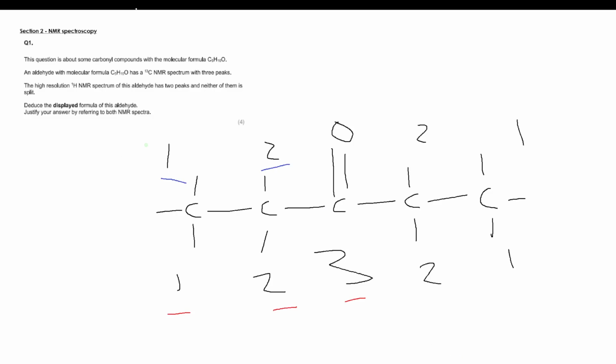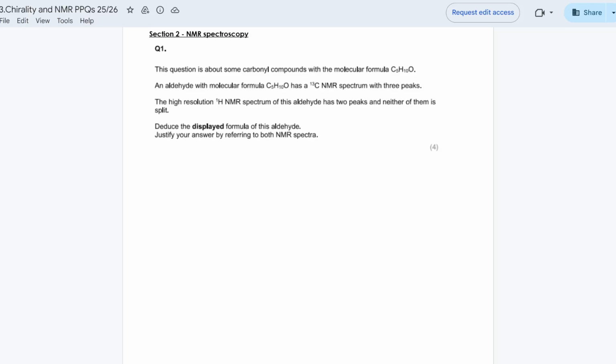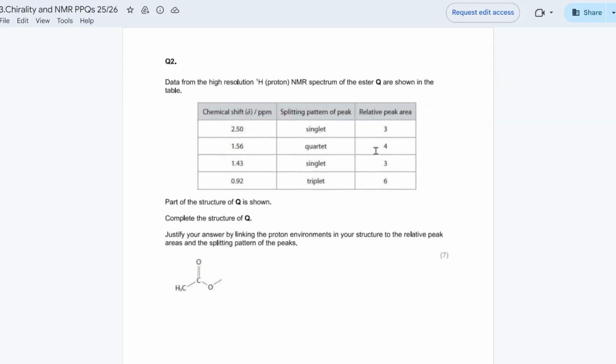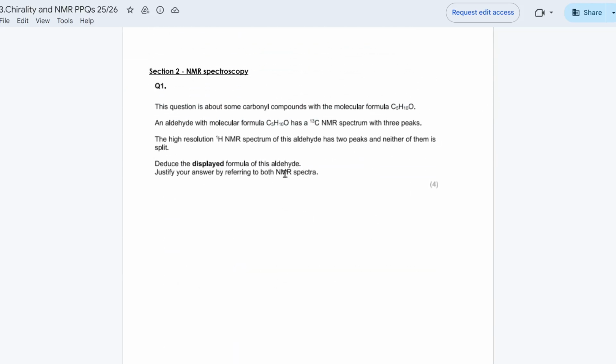Okay, we can move on from that. So that's question 1. Oh, but we're not done. Justify your answer by referring to both NMR spectra. Does that want an explanation? Potentially it does.